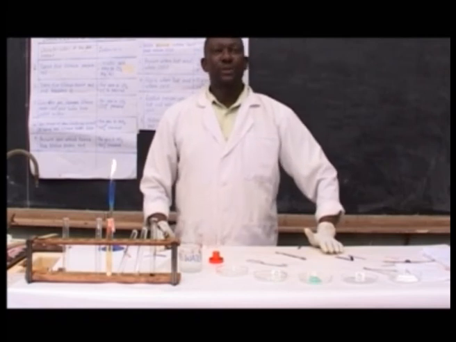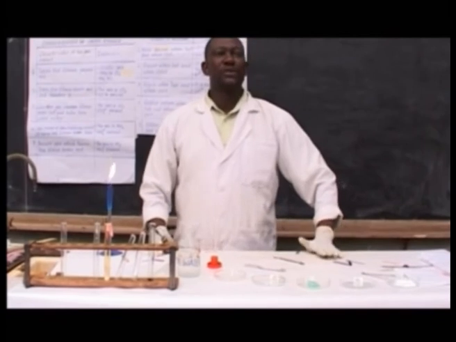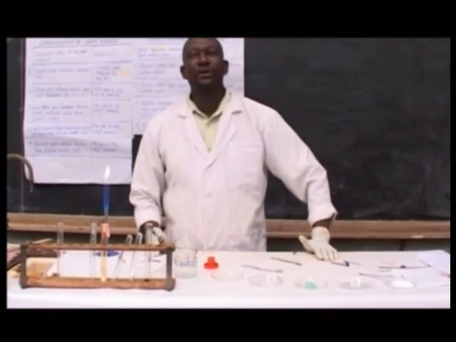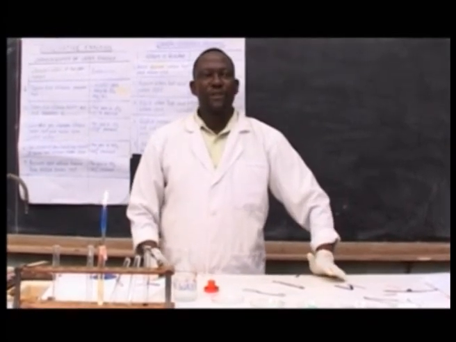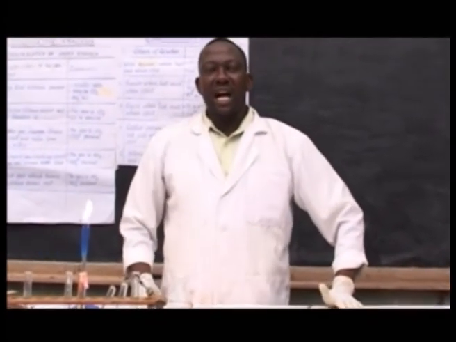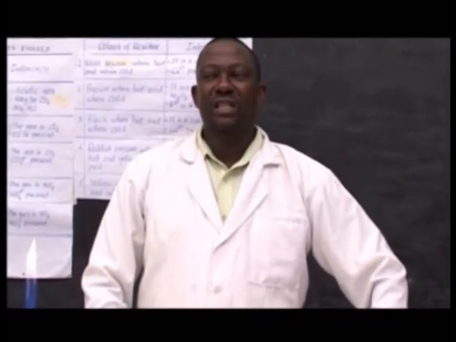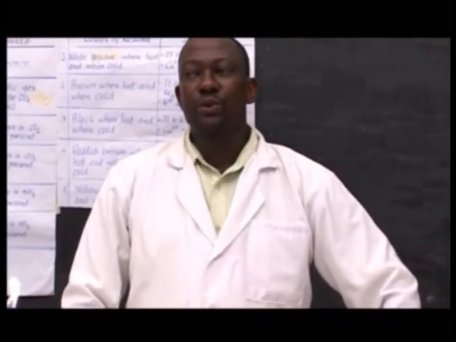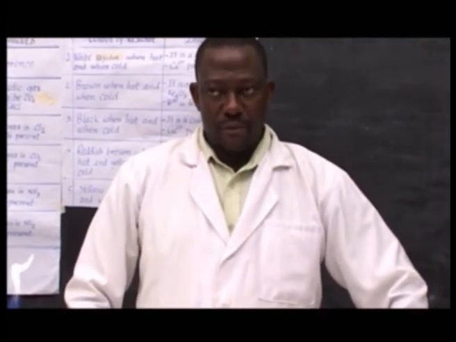Color of the residue obtained after the decomposition of a solid sample can be used to give a clue of the present ions, especially lead 2 ions, copper 2 ions, and zinc ions.